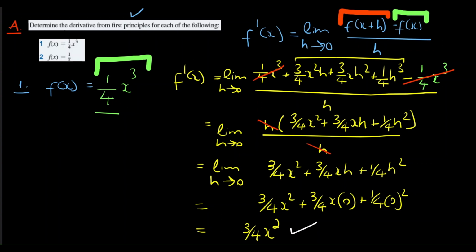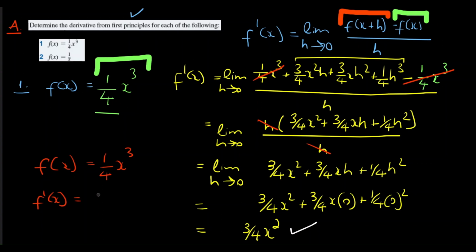Another trick you can use to confirm if the answer is correct is to take the original f of x, which is 1 over 4 x cubed, and find the derivative using rules of differentiation.